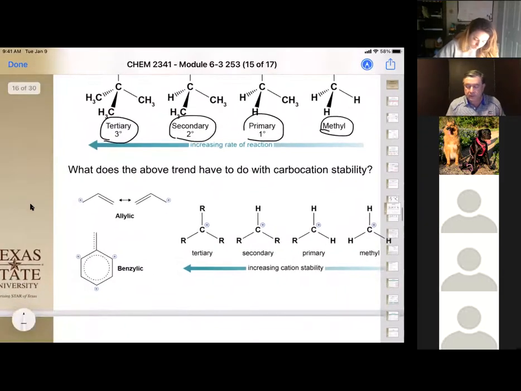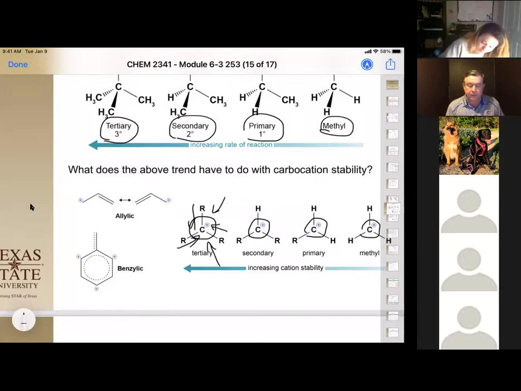But what else do we have going for us? Well, in this case, we have increasing stability due to hyperconjugation of our groups being able to donate into that carbocation. But the other thing we can do is use resonance stability to increase the stability of a carbocation.